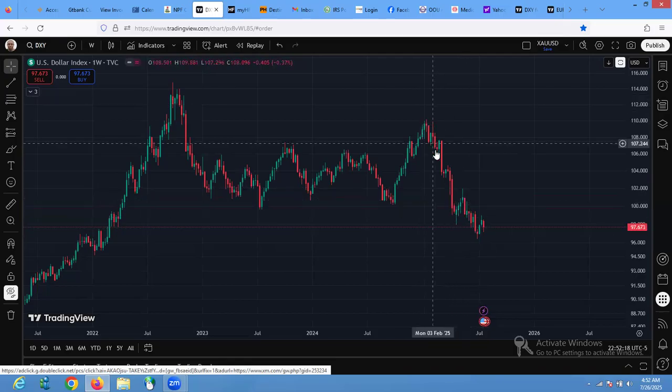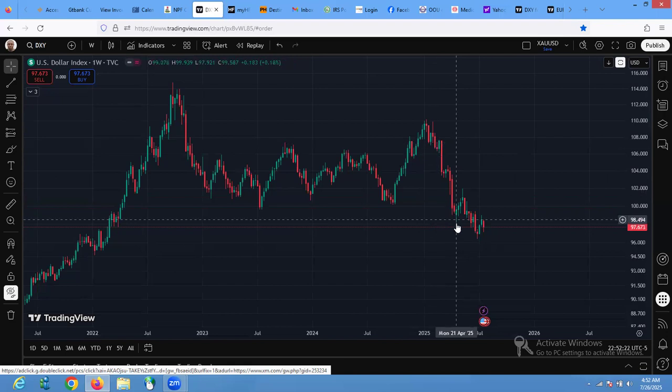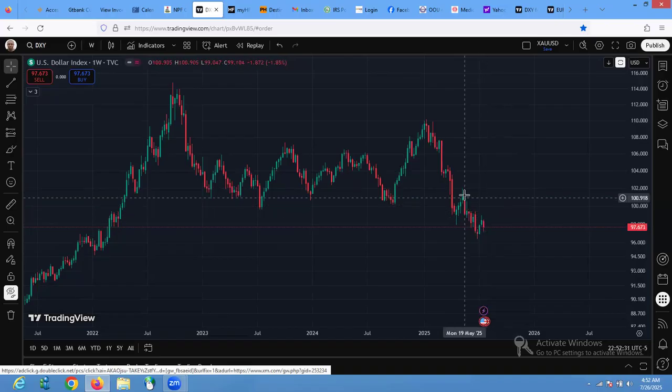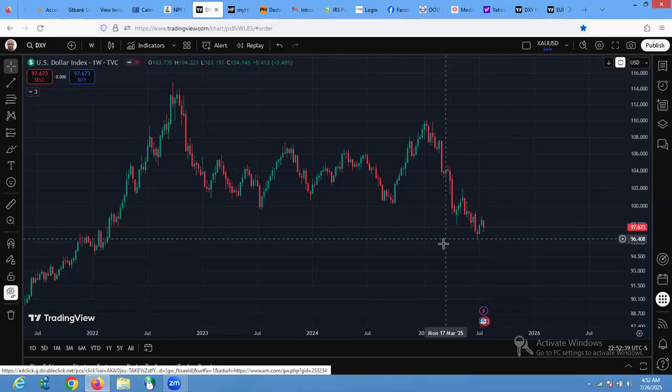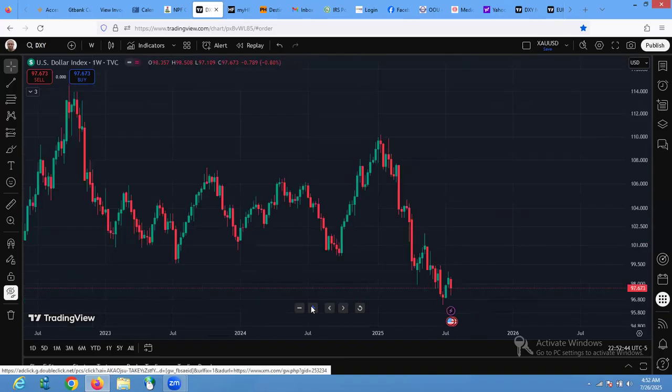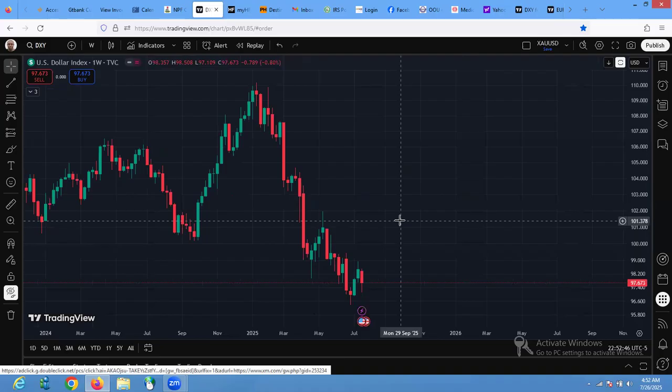So the first impulse, the first correction, the second impulse, which is wave 3, and this is wave 4. And we are at the tail end of the last wave 5. And after the last wave 5, we now begin to see a series of movements, corrections and consolidations that look like they're taking our time.